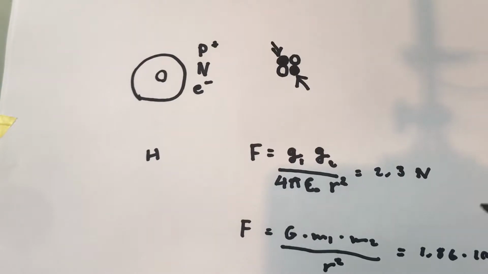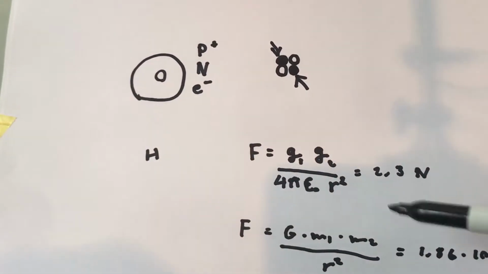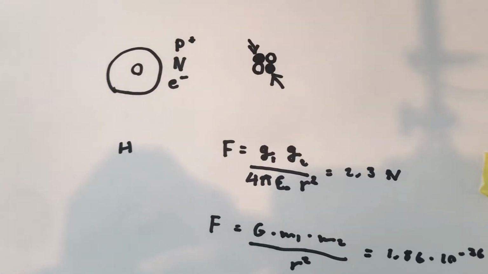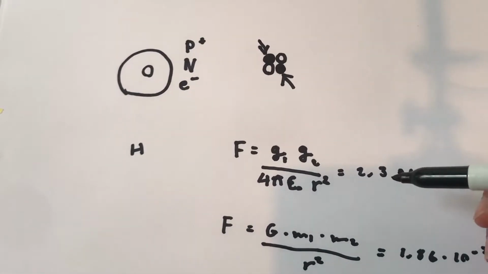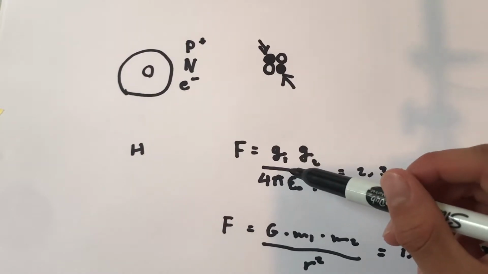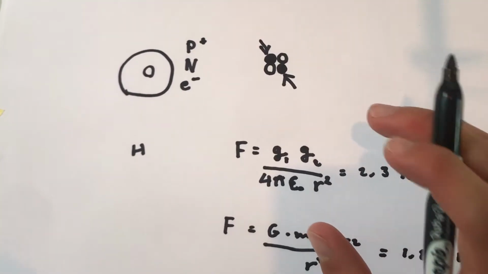So the gravitational force that supposedly holds these particles together is magnitudes smaller than the repelling force due to the like charges. So what holds these particles together?